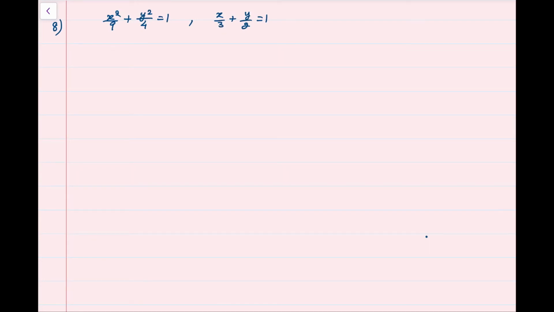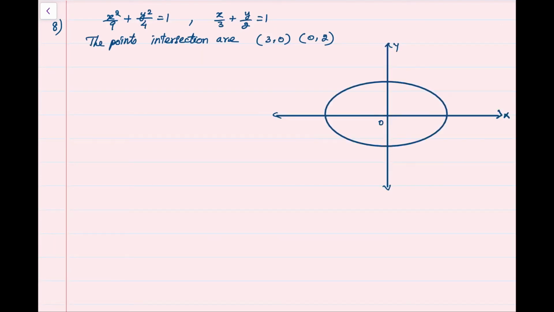Therefore, from the equations itself, we can make out that the points of intersection are 3, 0 and 0, 2. Or you may solve the equations and get the points of intersection. This is 3 and this is 2 and the line also passes through these 2 points.